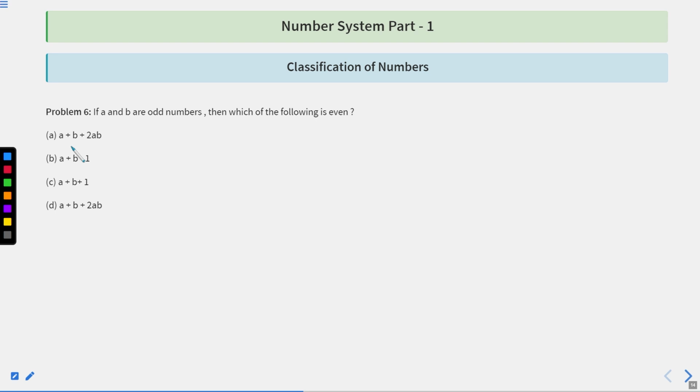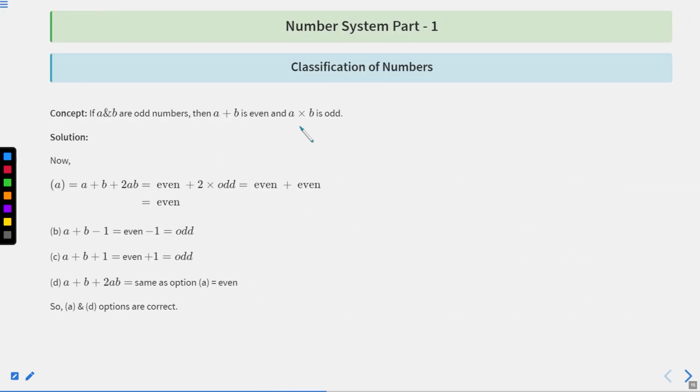In the next problem, problem number 6, if A and B are odd numbers, then which of the following is even? We are provided with 2 odd numbers, A and B. Some relation with A and B is provided to us, and we have to identify which of them is going to turn out as an even number.